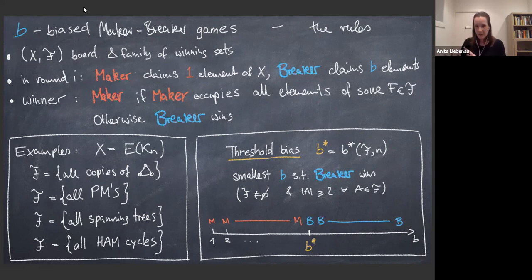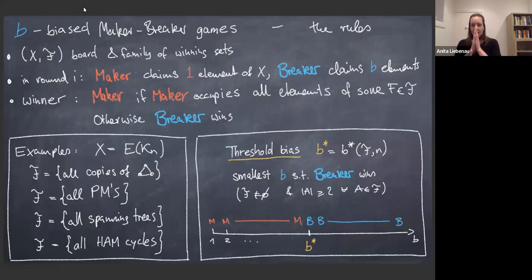That's called the threshold bias, and it's denoted by B star. For this talk, I'll just say the threshold bias is the smallest B such that breaker wins the B-biased game (X, F). This is well defined unless your family of winning sets is somewhat stupid. So F should be non-empty and your winning sets should have size at least 2, otherwise it's a trivial maker win, whatever B is.